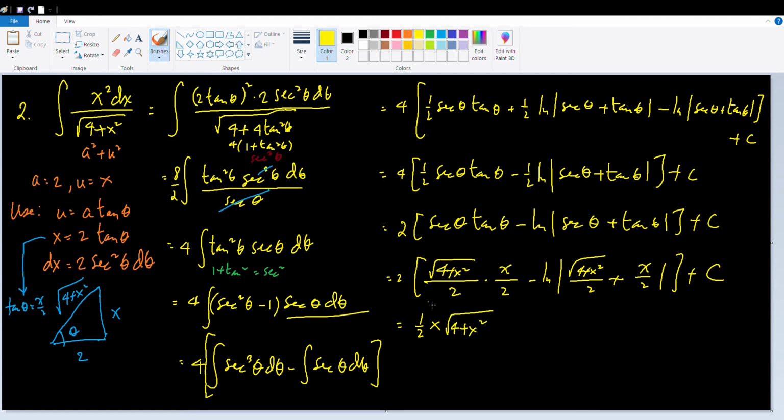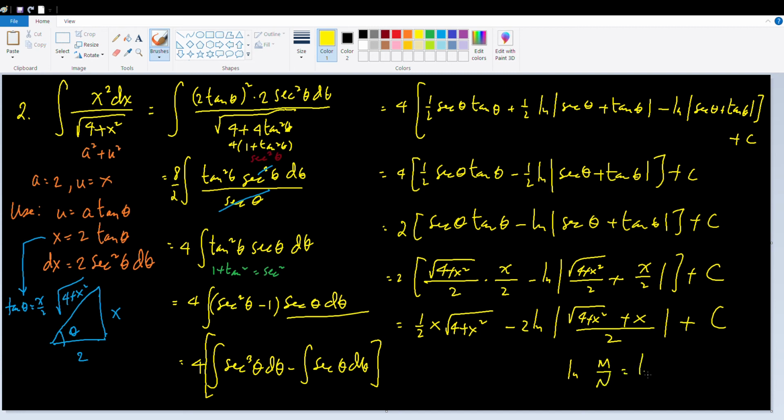So, square root of 4 plus x squared times x all over 4 multiplied by 2 is 1/2, minus 2 ln of the square root of 4 plus x squared plus x all over 2 plus c. Now this part is of the form ln m all over n, right?